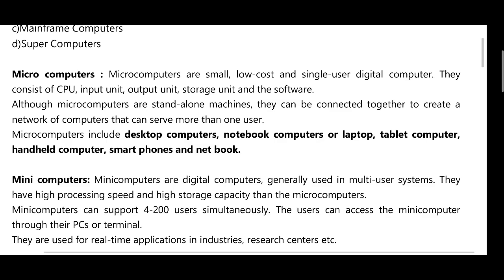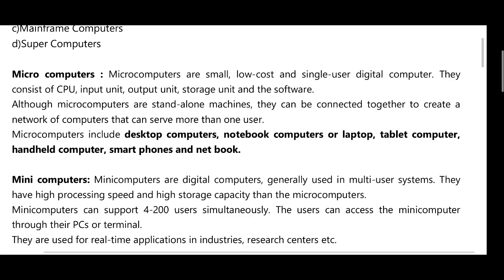Microcomputers include desktop computer, notebook, laptop, tablet computer, handheld computer, smartphones, and netbook.